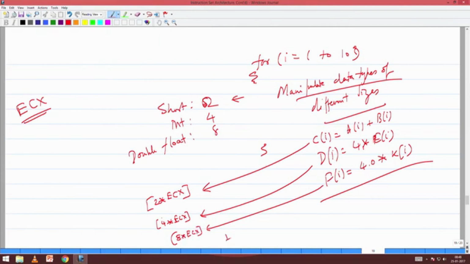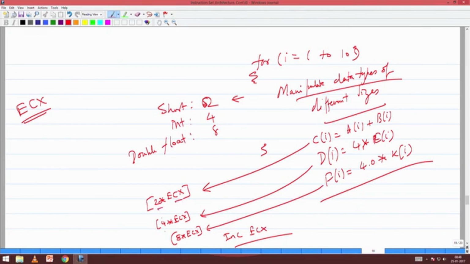And after doing one iteration, I will say increment ECX. And I will make the base of, there are so many bases here. There is a lot of work that needs to be done here, but this is how I will use this scale into index.